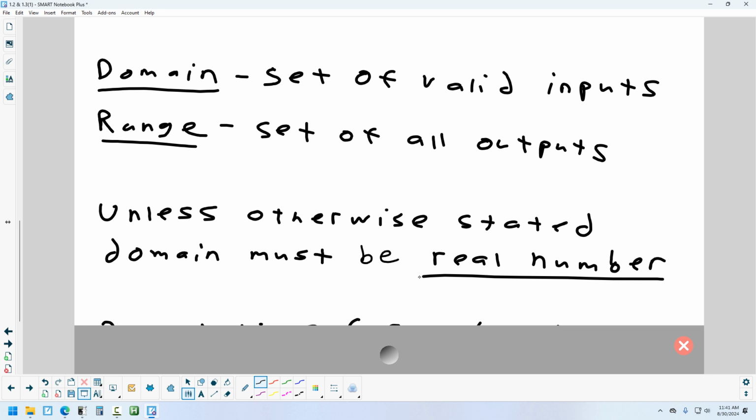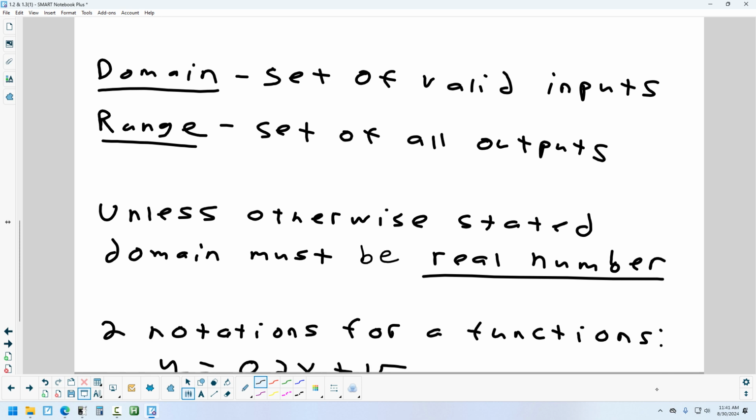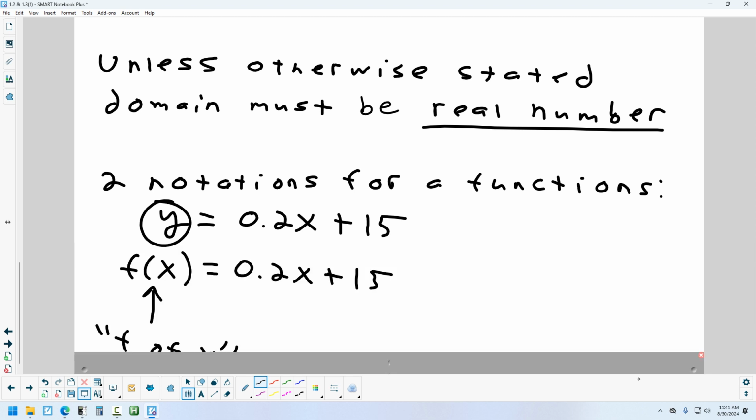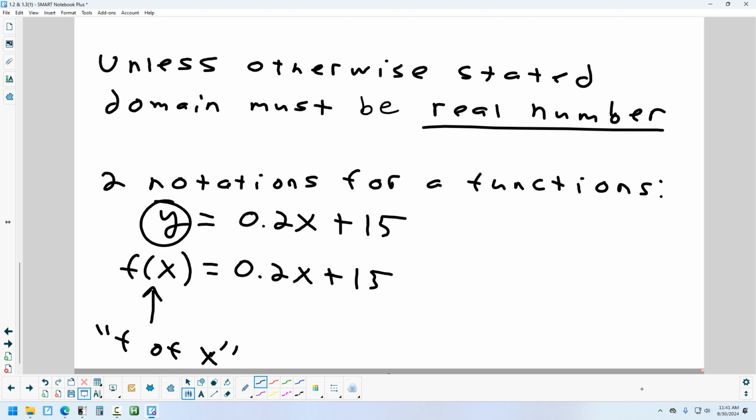Just reals. Okay, when you write a function, that's one way to do it. That's how we did it in the rent-a-car problem. But there's something different that you can put here besides y. Does anybody know the other notation I'm thinking of? Yeah? f of x. Yeah, f of x. So f parentheses x is just another notation that means I have a function named f, and it uses the letter x as the independent variable.